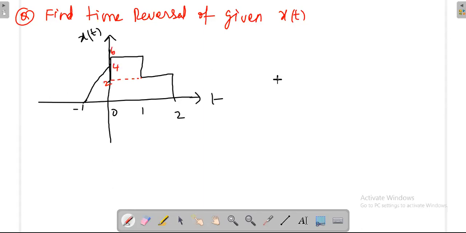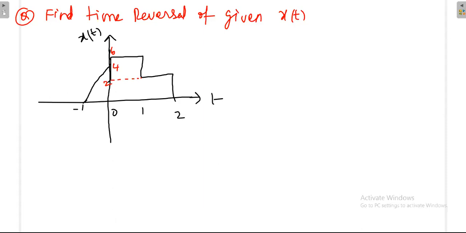Now I have to find x of minus t. I'll draw it at the bottom. Then what is x of minus t for this? This diagram will be flipped. You have to take the mirror image with respect to the y-axis.